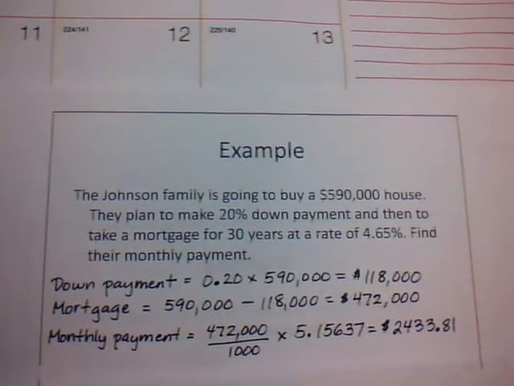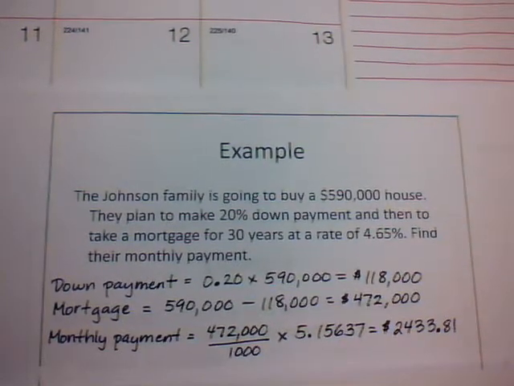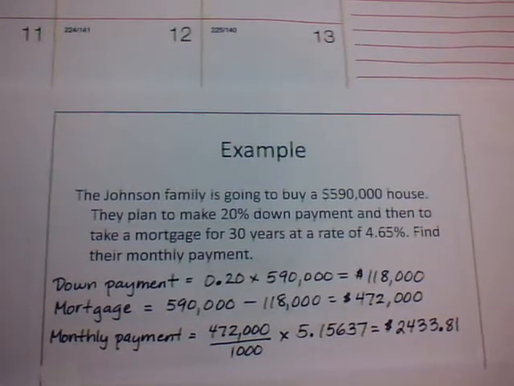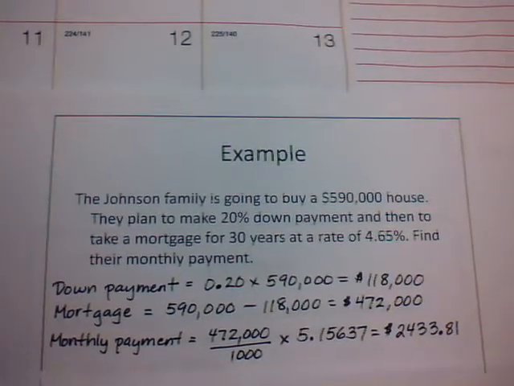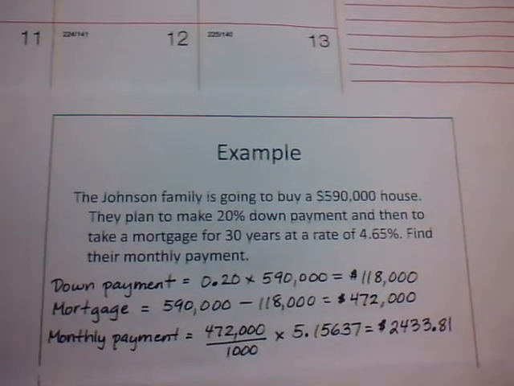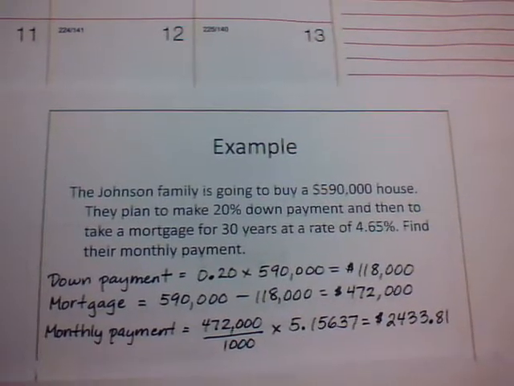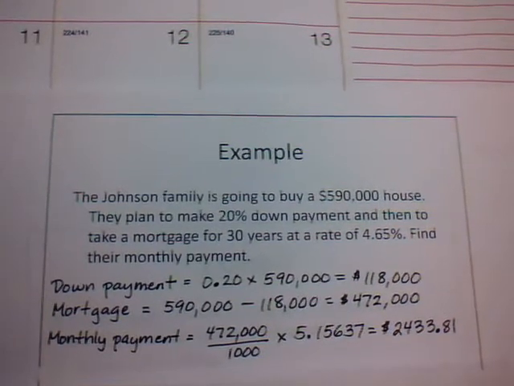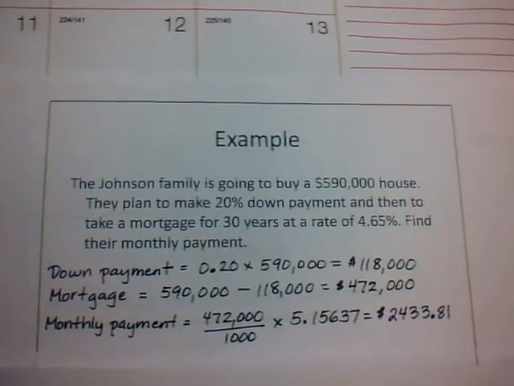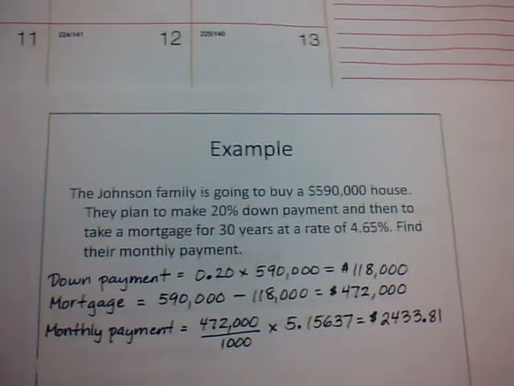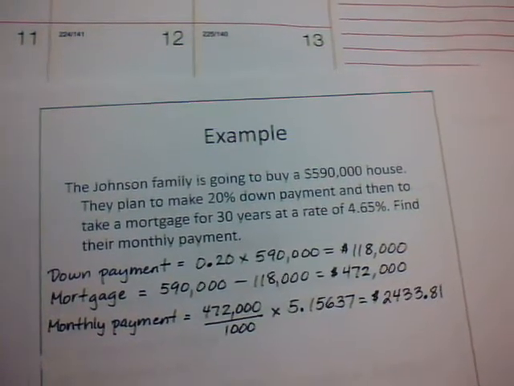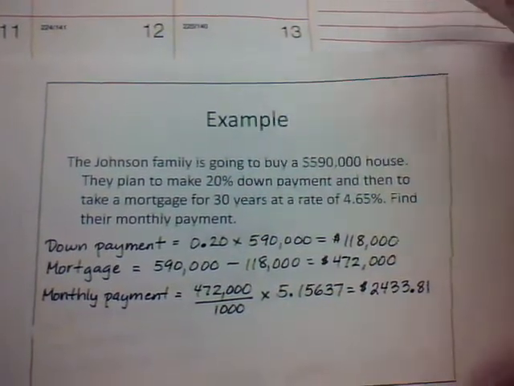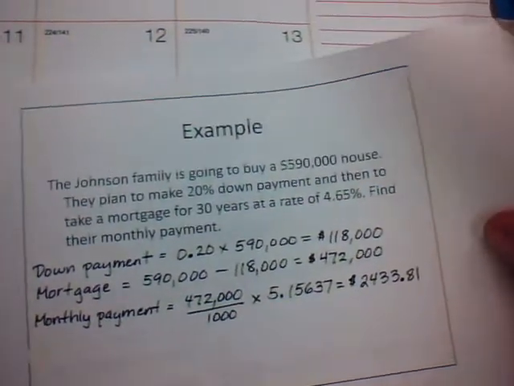Okay, so you use that amortization table, look under 4.65% as your interest, and then look under the column for 30 years, you'll see 5.15637. You'll multiply that by the 472 to get $2,433.81. That's the monthly payment that the Johnson family will have to make on a $590,000 house if they take a 30-year mortgage at 4.65%.